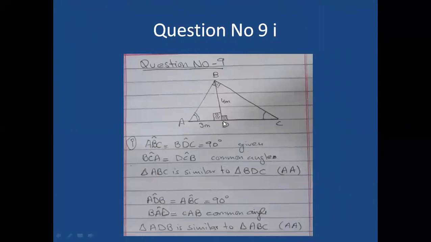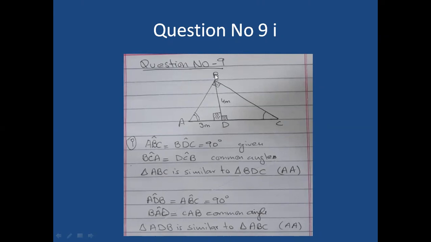On your screen, first of all, I'm going to talk about the big triangle ABC and the triangle BDC. In these two triangles, you can see that angle ABC is 90. In the triangle, angle BDC is also 90, and it is given in the question.